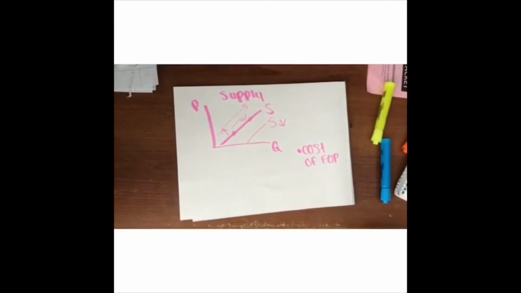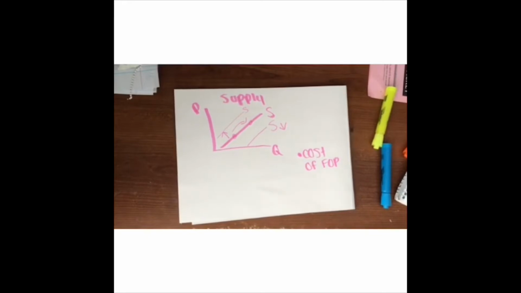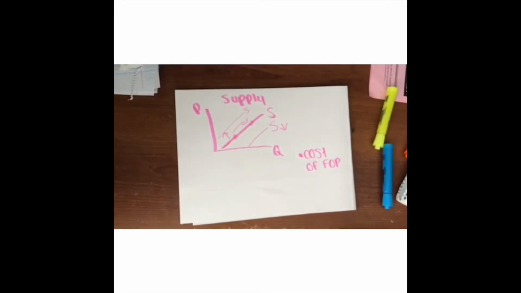So these are like inputs or wages. So if there was an increase in wages, then producers would have to decrease their supply because they'd basically have less money to produce because they'd be putting that money towards paying their workers.